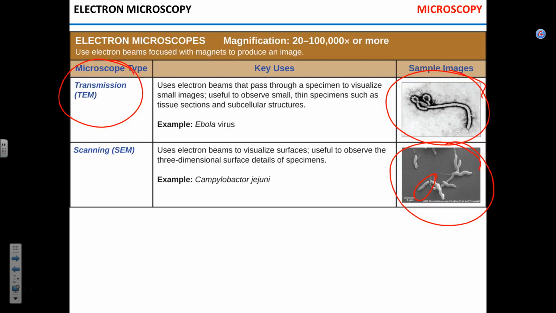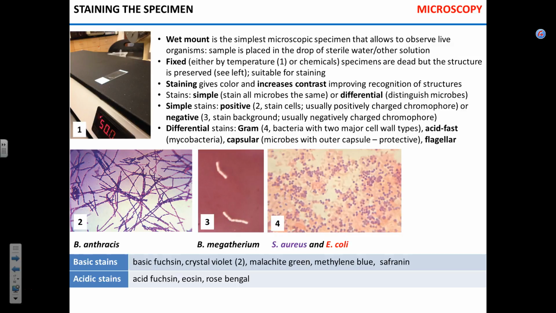And atomic force allows you to manipulate atoms. One of the first pictures using atomic force microscopy was produced by the IBM company. Well, guess what? They used, I don't remember which chemical element, but they wrote IBM using atoms and made a picture. It blows my mind. Any questions about types of microscopy?